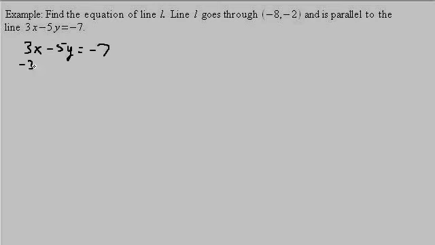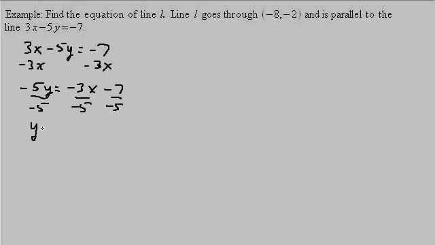So I'm going to subtract 3x from both sides. So I get -5y = -3x - 7. And then I divide everything by -5. So I get y = 3/5 x + 7/5.